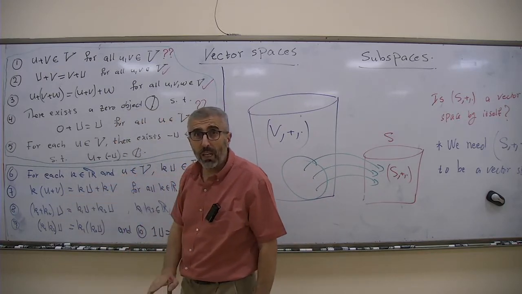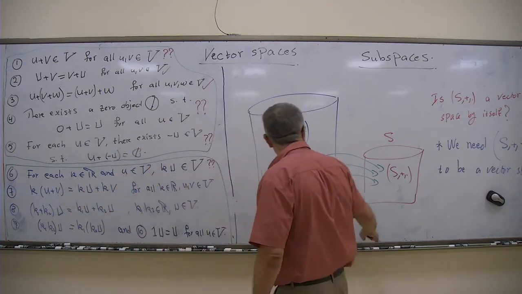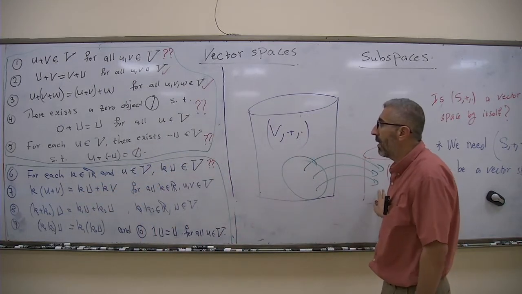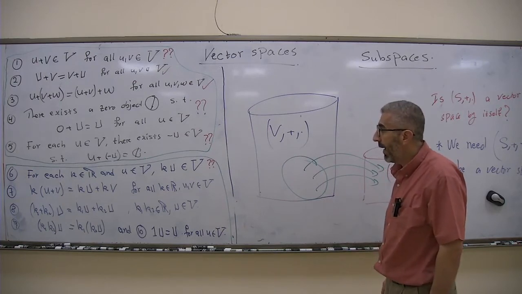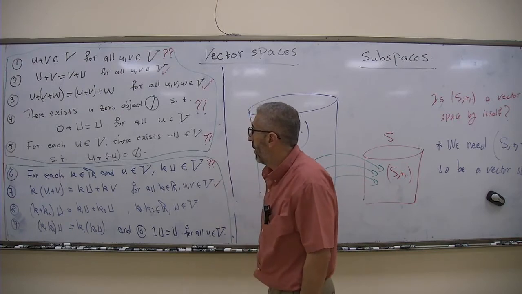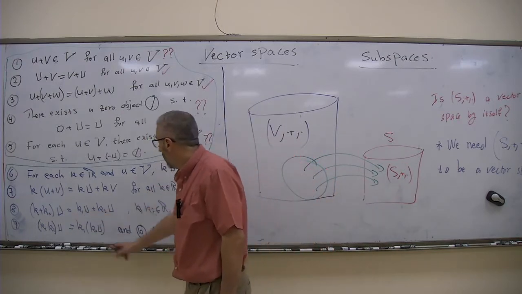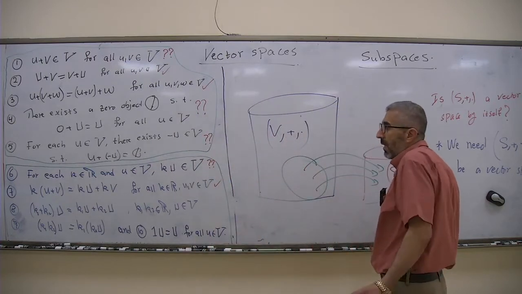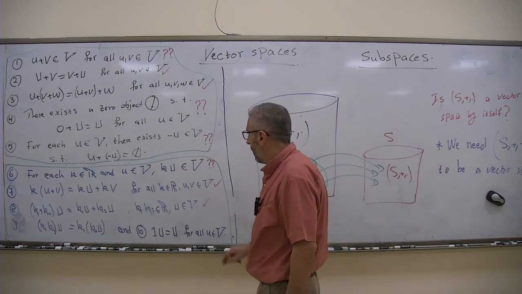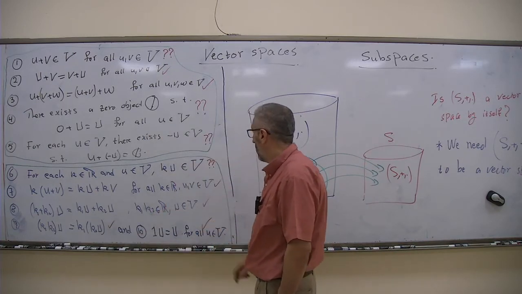Number 7 is going to be inherited. If this property is valid in the mother space, now here it is going to be valid in this new space. Correct? So this is going to be inherited. Number 8. Well, if this happens in the origin, also it happens here. So there is no problem. It is inherited. This is inherited. This is inherited.